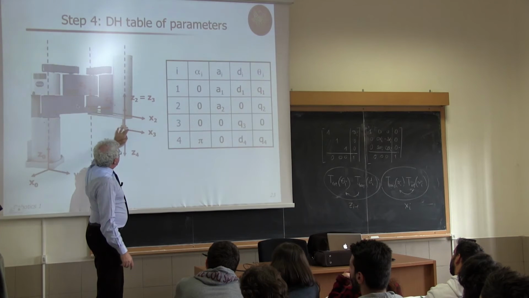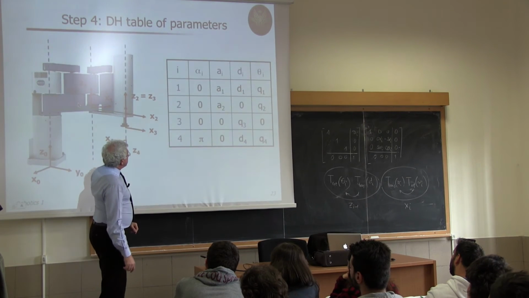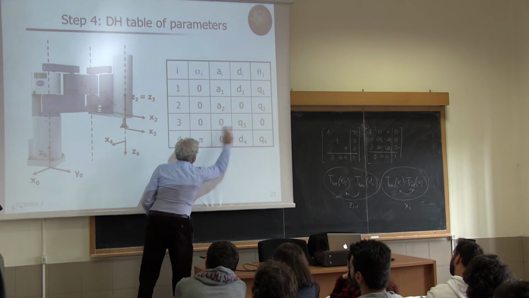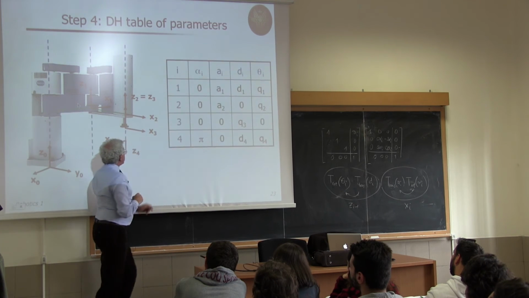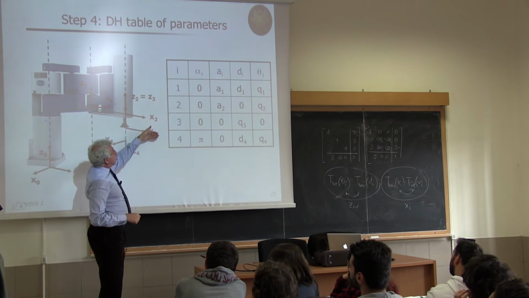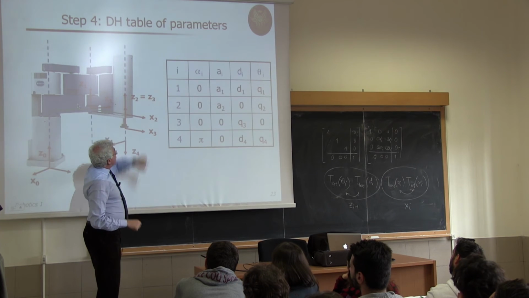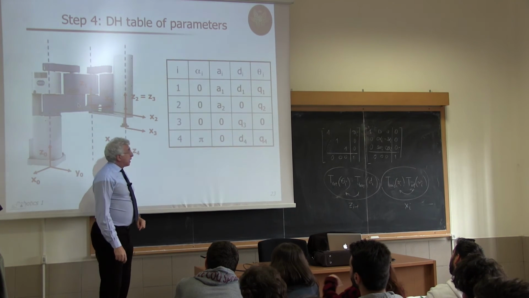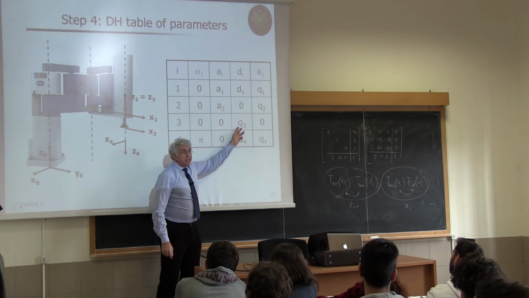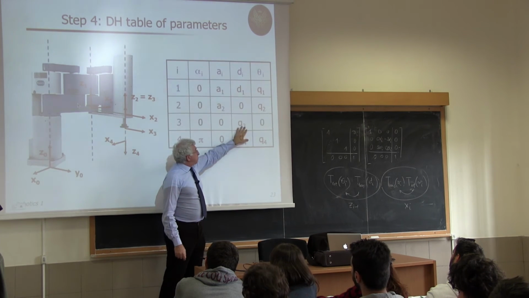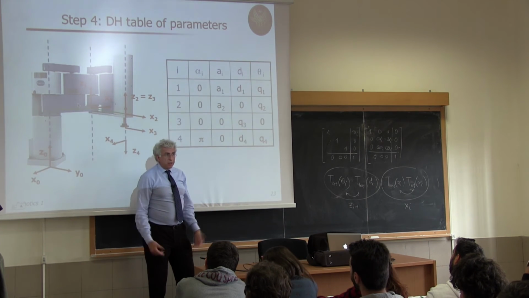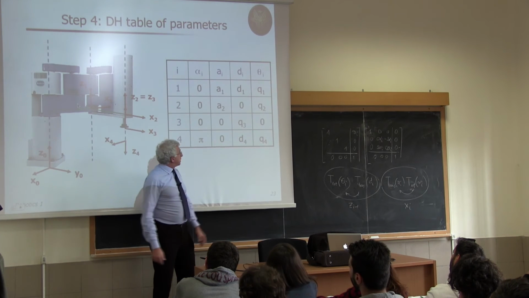Same thing for going from origin 2 to origin 3. I have these two quantities. I don't need to move along x3. I just need to move along z2. And this will be a d3, but this is the variable, so I will put the q3 here, because this is changing. This is the prismatic joint.